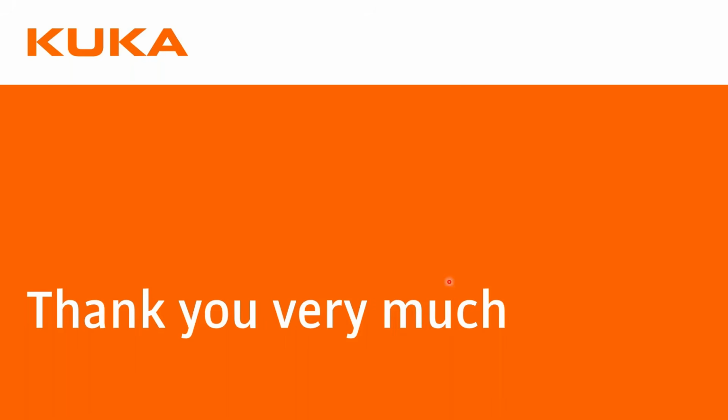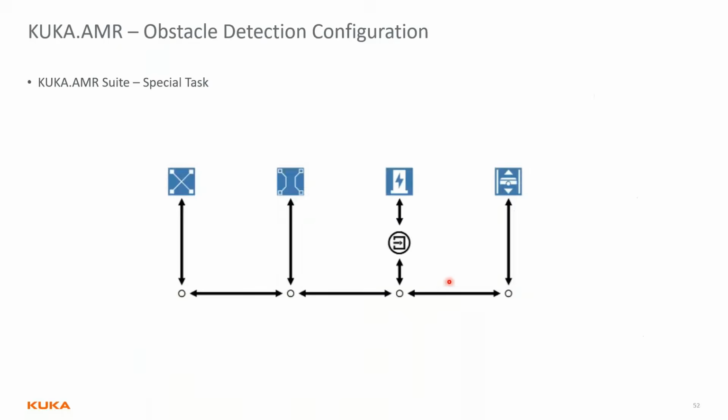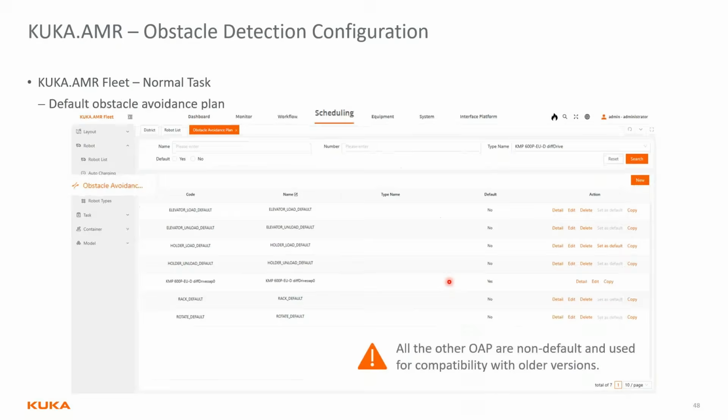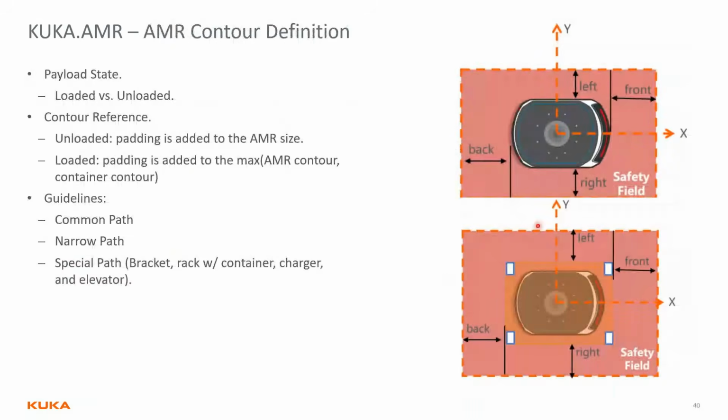The first question is, what is the best way to deal with the blind spots created by the legs of the rack? This is a good question. There isn't a way other than filtering them out. Like we said, the system is going to filter out the legs from the obstacle detection side.